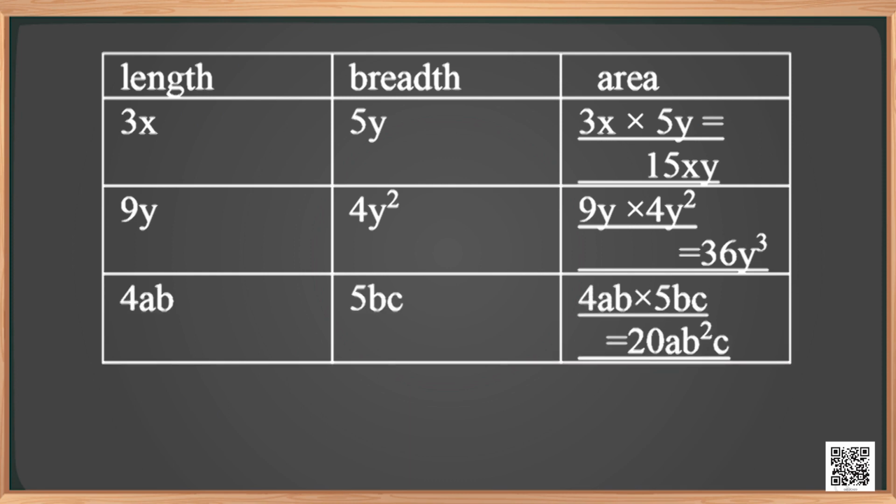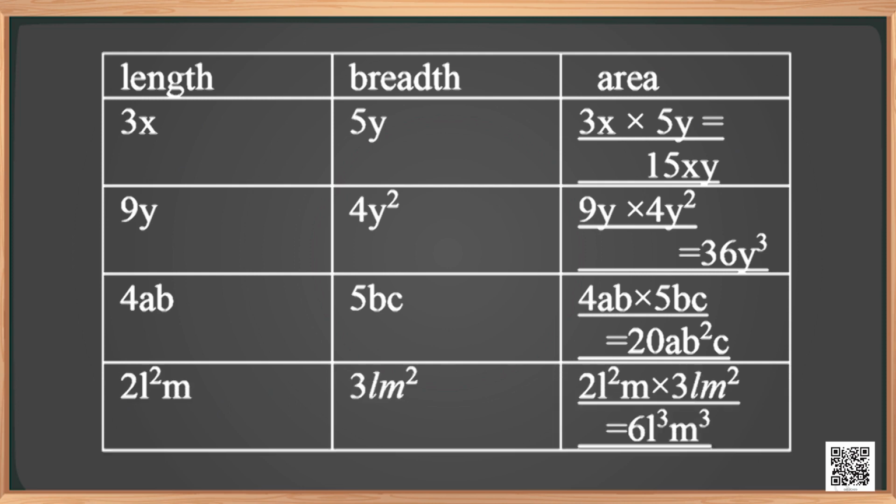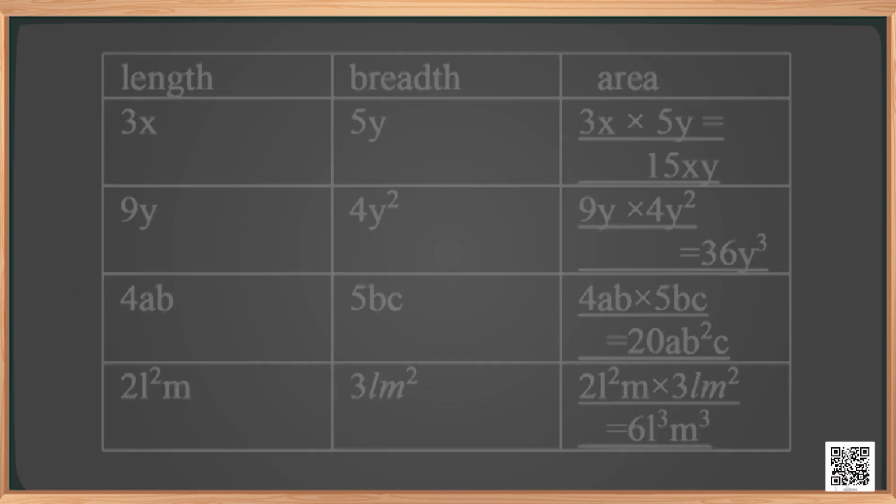In the third case, the area of the rectangle is 4ab into 5bc, which is equal to 20ab square c. Coming to the last case, the area of the rectangle is equal to 2l square m into 3l m square, which is equal to 6l cube m cube.